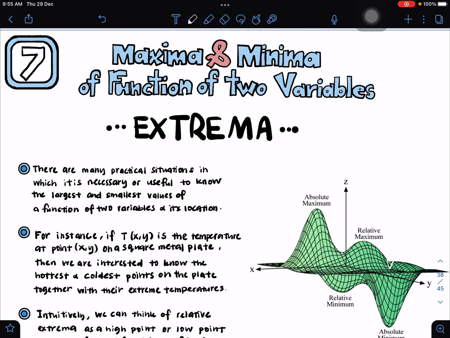If it's greater than 0, then it will be maximum. If it's less than 0, it will be minimum. So the concept is the same, but because it involves a function of two variables, it needs to be done using partial derivatives. So let's see first the extrema.